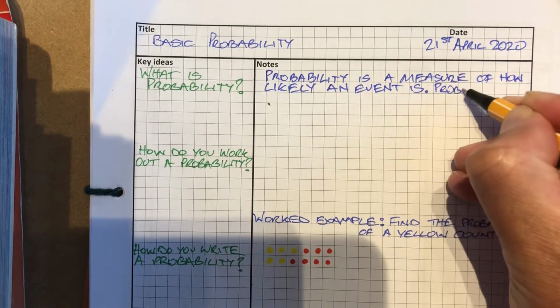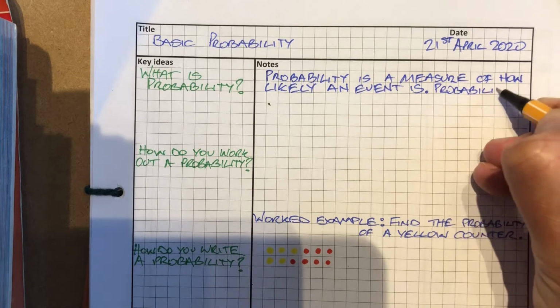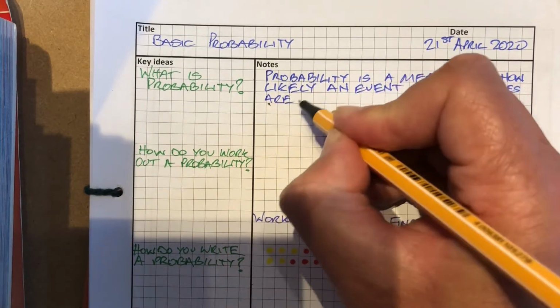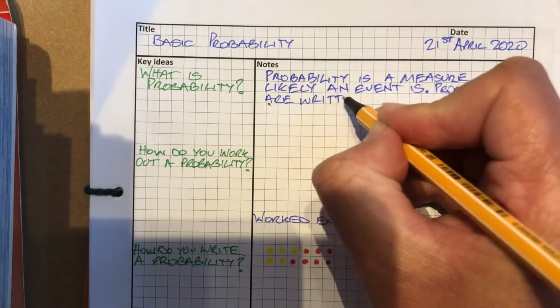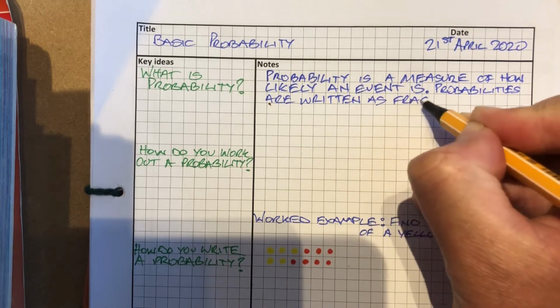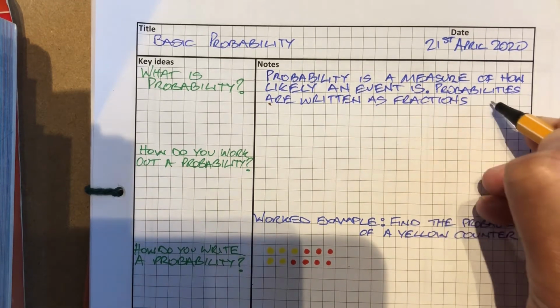Probabilities are usually written as either a fraction or a decimal.